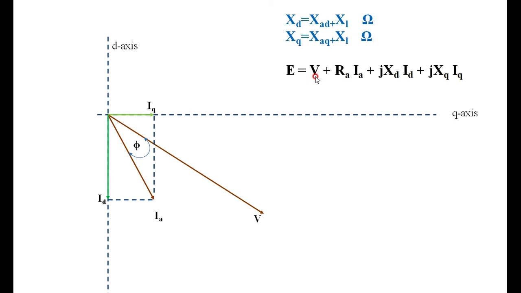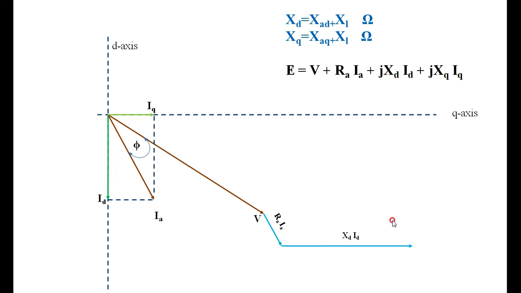Now, to V, what do I have to add? IRA, which should be parallel to I. Just I am adding here IRA, which is parallel to I. Then to this IRA drop, what do I have to add? I have to add IDXD. This IDXD should be perpendicular to ID because it has to lead the current by an angle of 90 degrees. Therefore, I add here IDXD, which is perpendicular to ID.